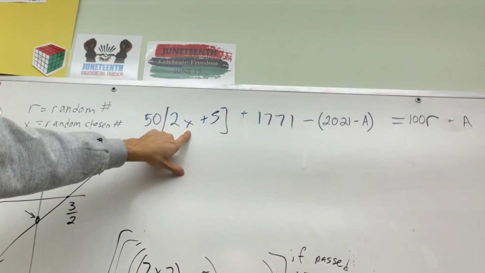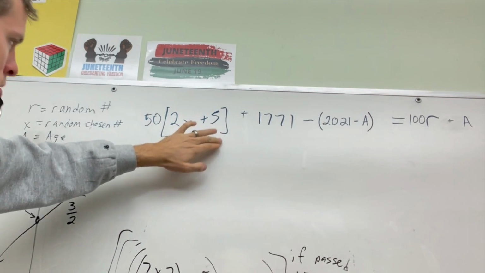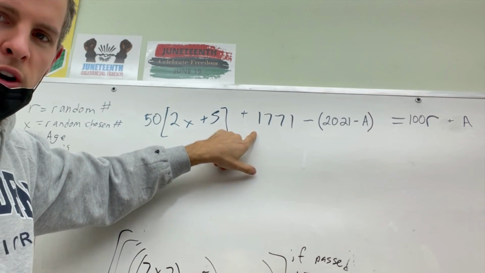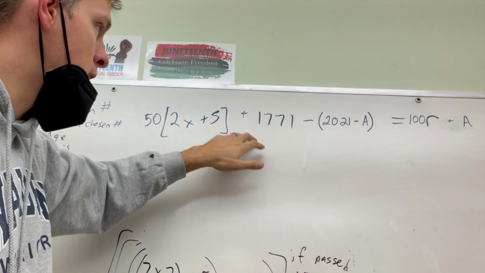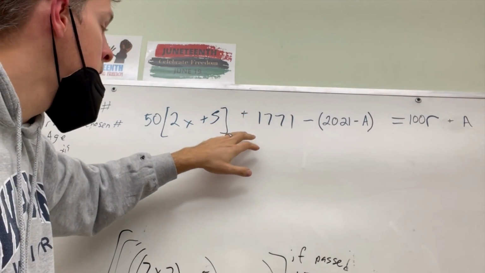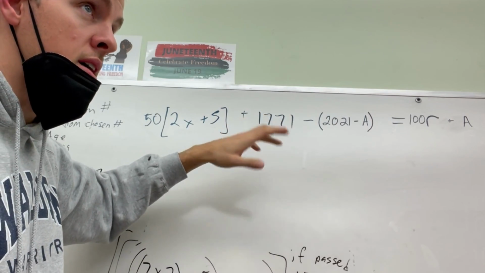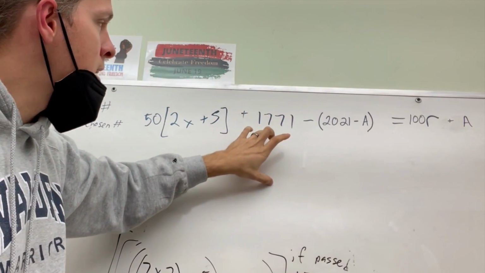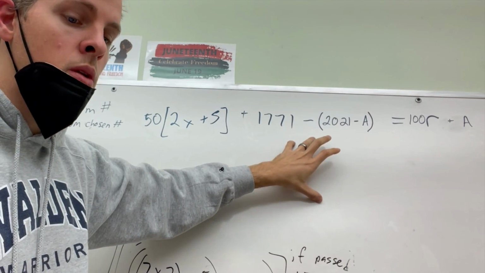So we started out with x, which is the random number, multiplied by 2, added 5, multiplied that whole thing by 50. I'm going to just use the first version, which is if your birthday has passed. Mine has passed. Most people's have passed this year because it's December. I would probably use the other one once you watch this in the earlier part of the year. So we add 1,771, and then you're going to subtract your birth year.